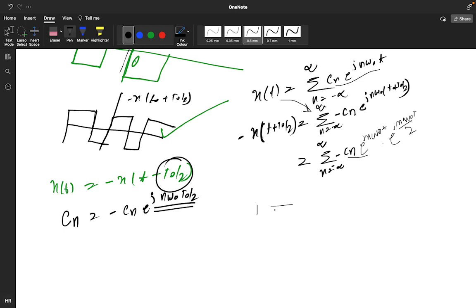So what is the meaning? 1 is equal to minus e power j n omega naught t naught by 2, correct or not?